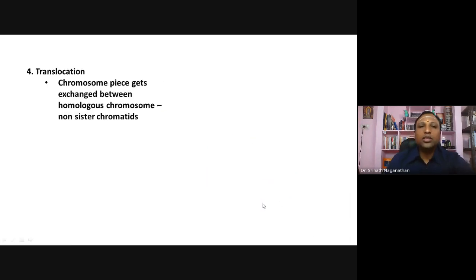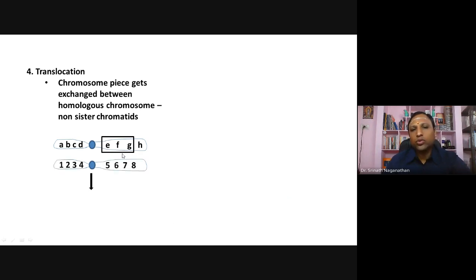Let's see the fourth type, that is translocation. In translocation, a chromosome piece gets exchanged between homologous chromosomes, that is, non-sister chromatids. Consider in this diagram we have a chromosome with ABCD and EFGH, and the other chromosome, the non-sister chromatid from which it is exchanging, is 1, 2, 3, 4 and 5, 6, 7, 8.